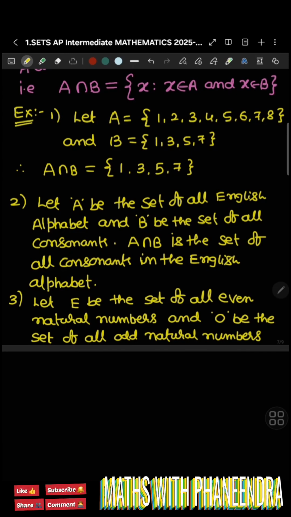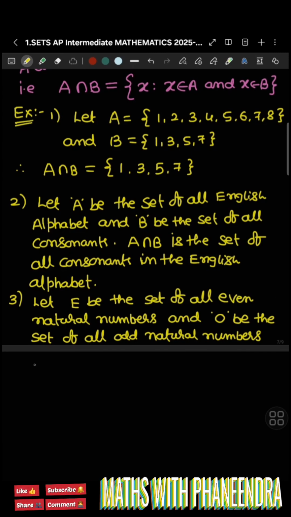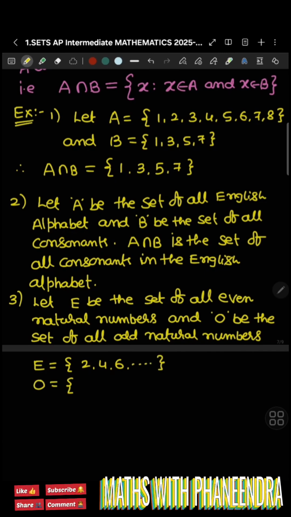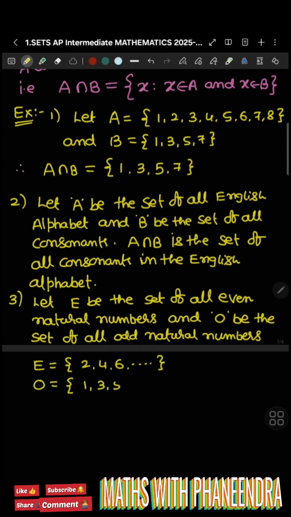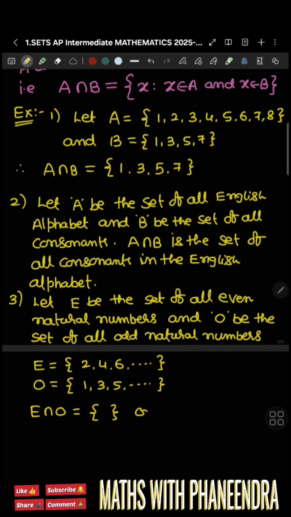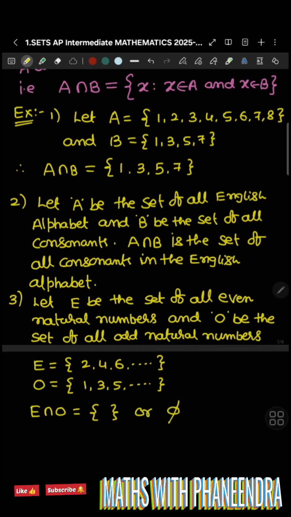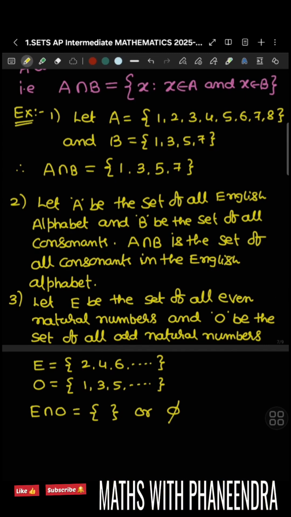Even natural numbers means 2, 4, 6 and so on. O is all odd natural numbers 1, 3, 5 and so on. Are there any common elements in these two sets? By observing, E intersection O equals no elements are common. We represent this as phi, that is called null set, void set.